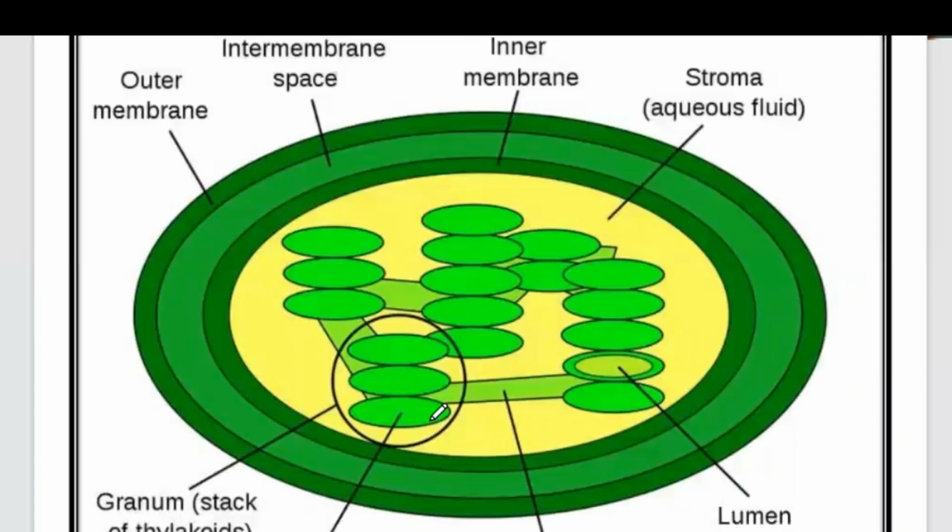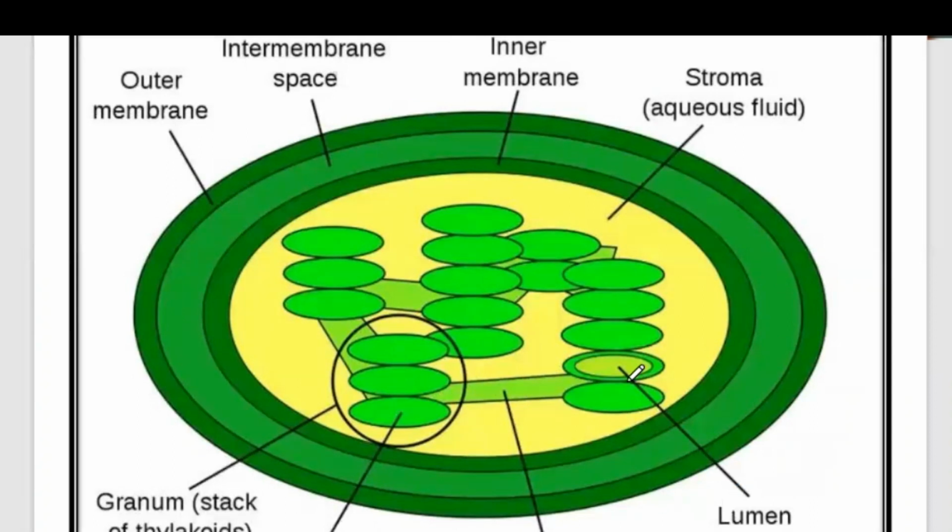Because it has this granum and this granum, the membrane which connects the two we can call lamella. In other books, they say intergrana lamella. So the actual name is intergrana lamella, a lamella which connects the two grana.